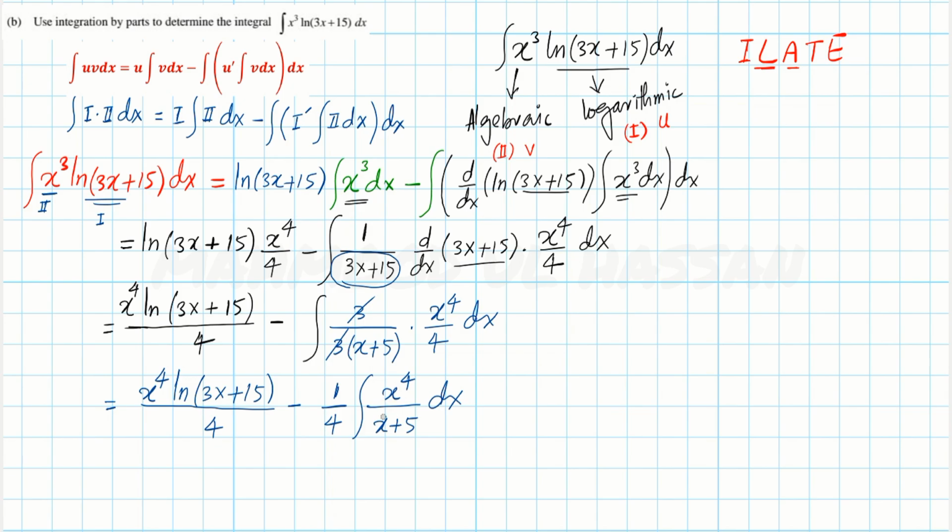You can see this is an improper integral, so we will divide them first. So here we have x to the power 4 divided by x plus 5. We are simplifying this by the long division method.